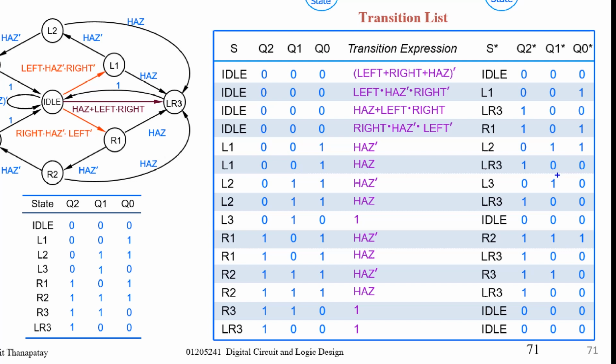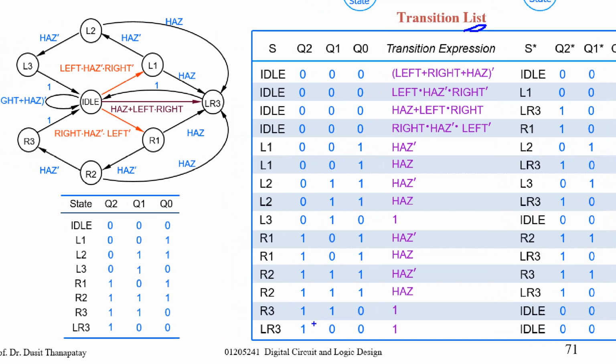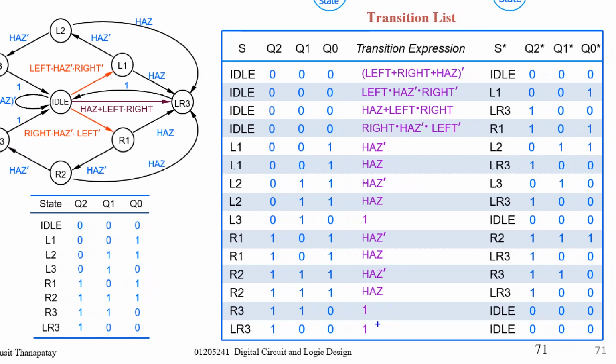When you complete the transition list, to list all transitions by observing the arcs or the arrows in the state diagram, list all of this. After that, now you can find the transition expression for any Q star.